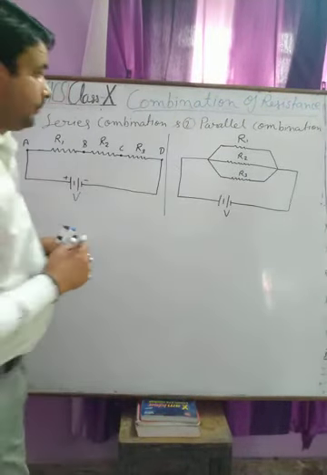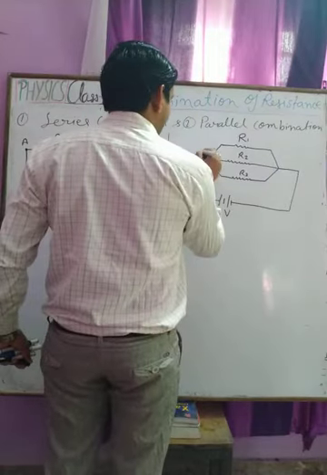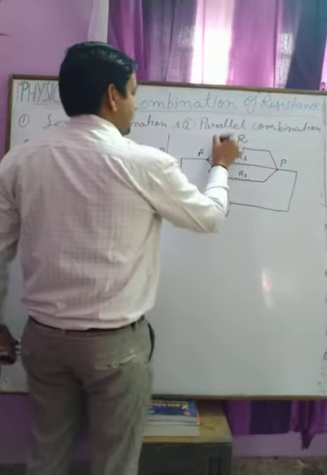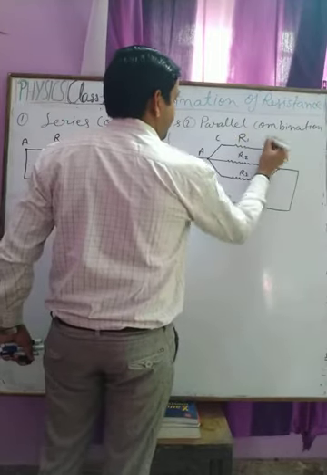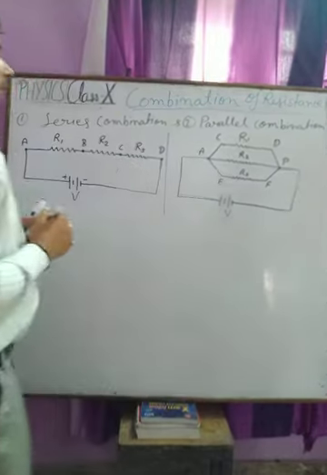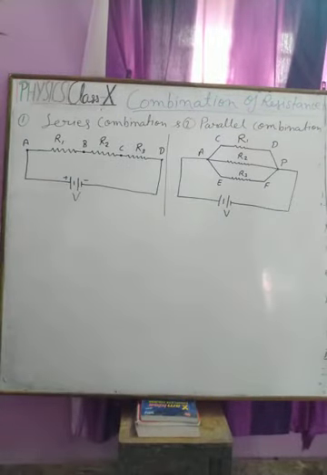Okay student, this is point A, this is point B, this is C, D, E, F. These are the two connections or two types of combination which we use to join our electrical appliances. Okay.